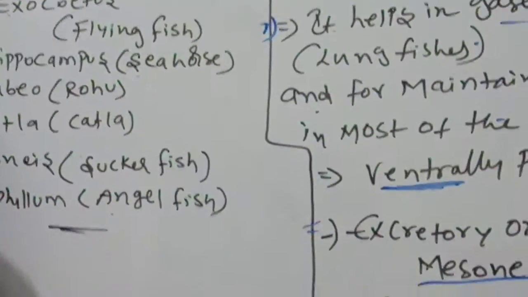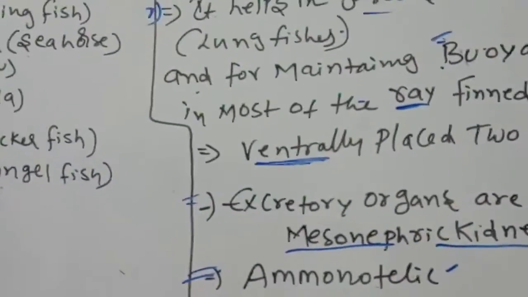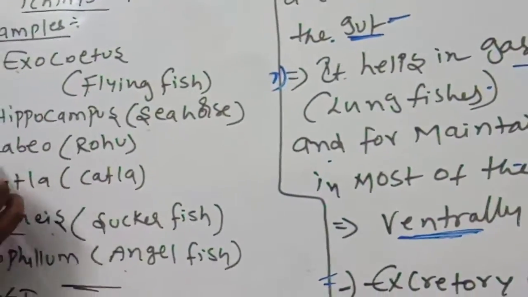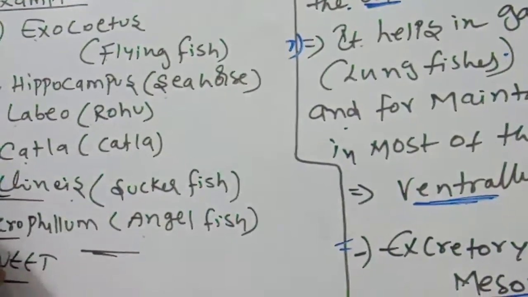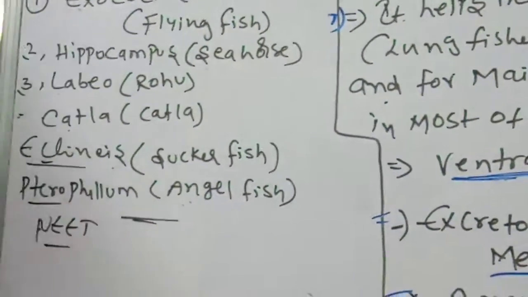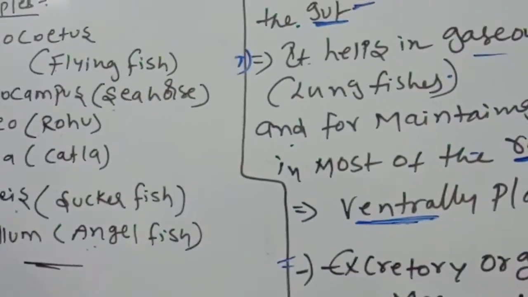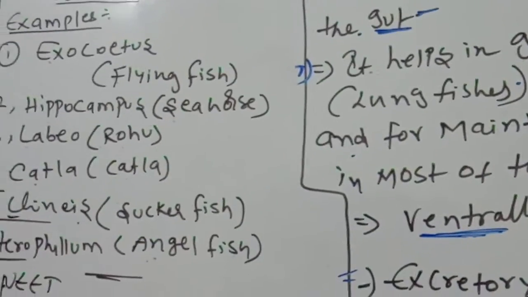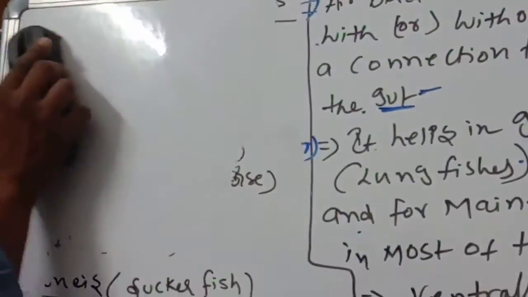These are all important points. In exams they will ask, what is a suckerfish, Echeneis, like that, so you should remember. These are examples of Osteichthyes.